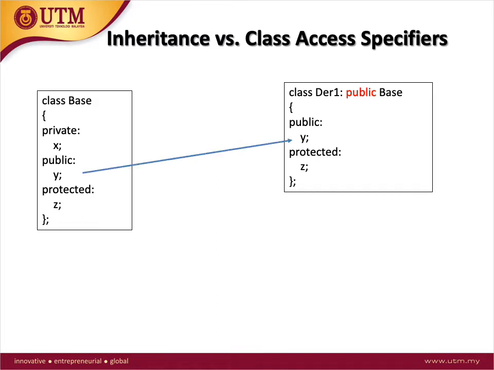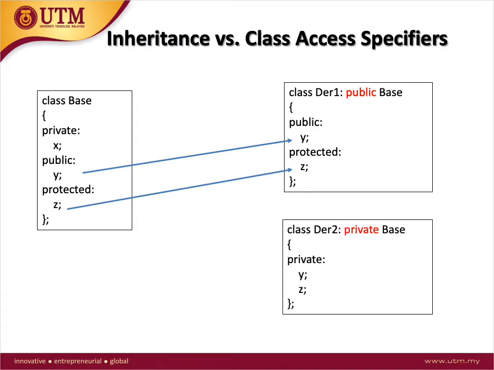When you are using public inheritance, Y you can access as public, and Z you can access as protected. But X in the base class is still private. Same with the second derived class: if you are using private inheritance here, then Y and Z from the base class become private in the derived class.